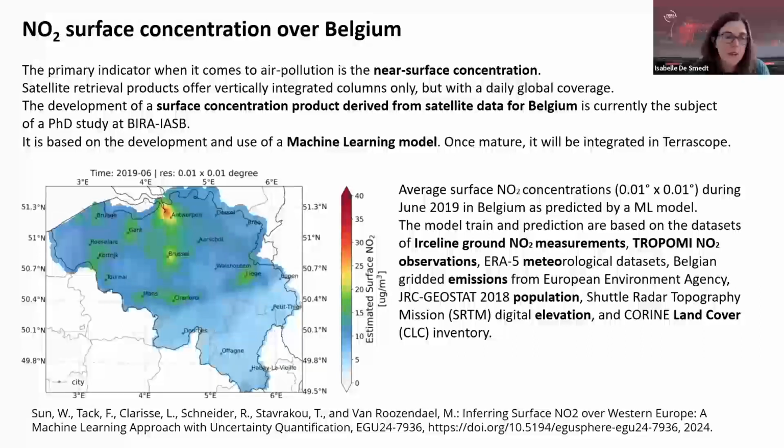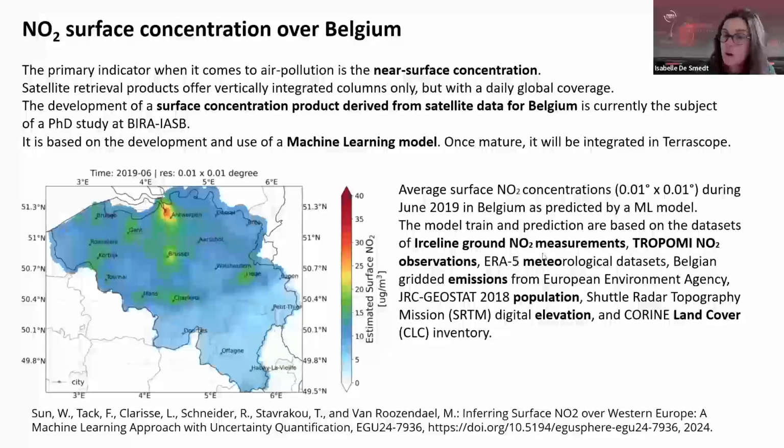So here the idea is to combine sparse surface concentration measurements and global satellite data of total column, tropospheric column of NO2, and using machine learning, try to derive a global or regional product providing surface concentration of NO2.